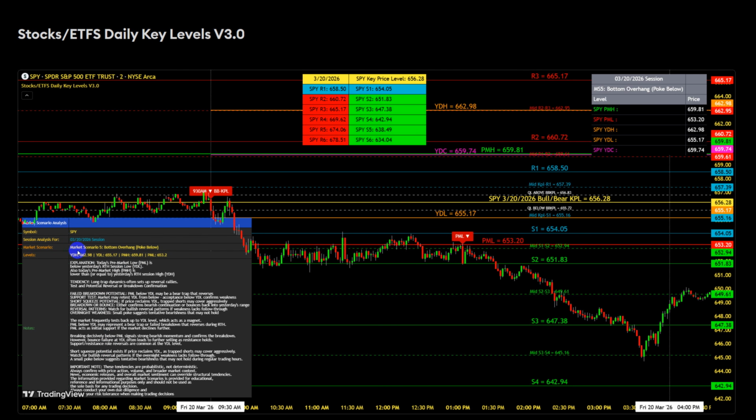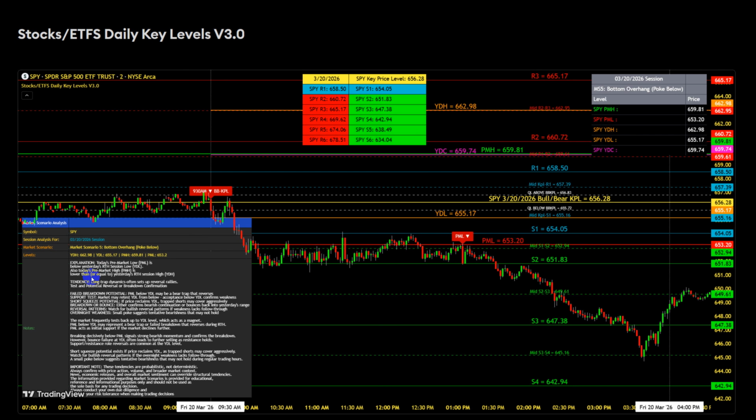So as you can see here, the market scenario analysis table gives you which market scenario that this particular symbol is in for this particular session, and then it gives you the applicable contextual levels that apply to this market scenario, which are yesterday's daily high, which is the previous day's RTH session high, the YDL level, which is yesterday's low, which is the previous day's RTH session low, the PMH, which is the current session pre-market high, and the pre-market low, which is the current session's pre-market low.